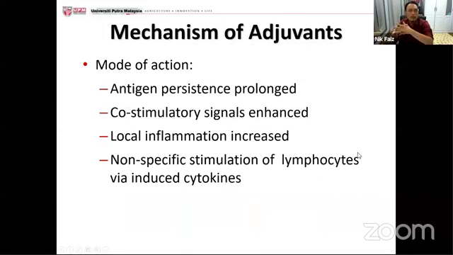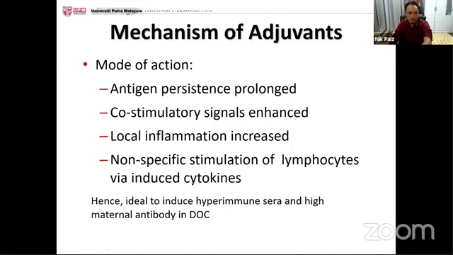The mode of action of an adjuvant is to make the antigen persist longer, and to induce and enhance co-stimulatory signals of the immune system. You also increase the local inflammation of the area so that the host immune system will detect the antigen and come in to engulf it, with non-specific stimulation of lymphocytes via induction of cytokines.